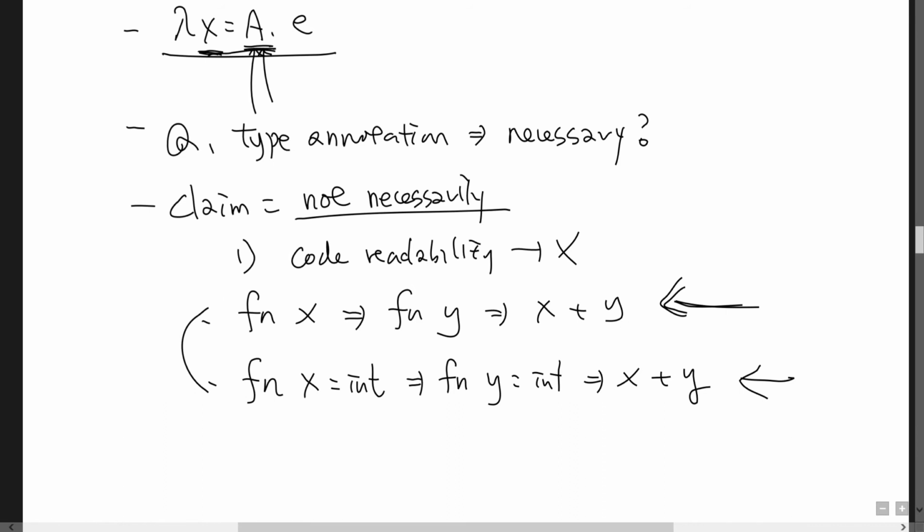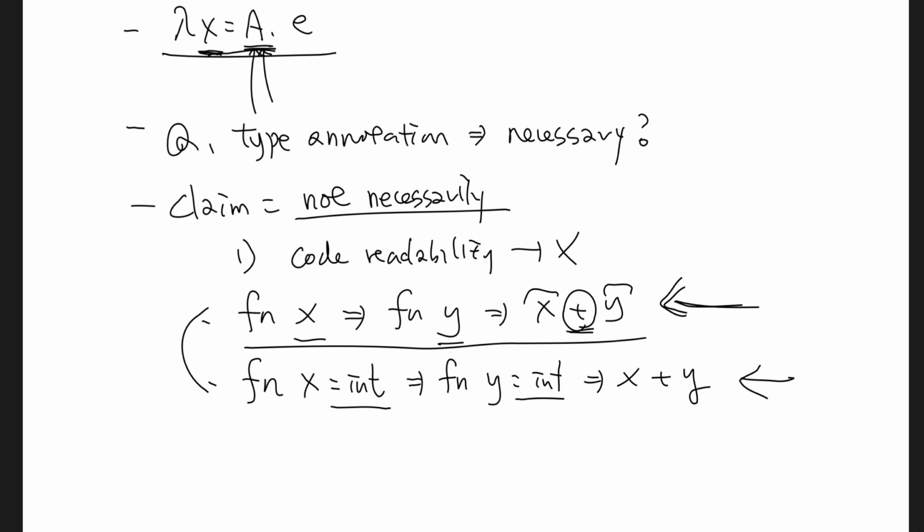when we look at the expression, we can instantly tell the type of these two variables thanks to this plus operation. So in the presence of this addition operation, we can tell that these two variables must be of type int. So even though this type annotation is not provided, we can instantly tell that these two variables must have type int.